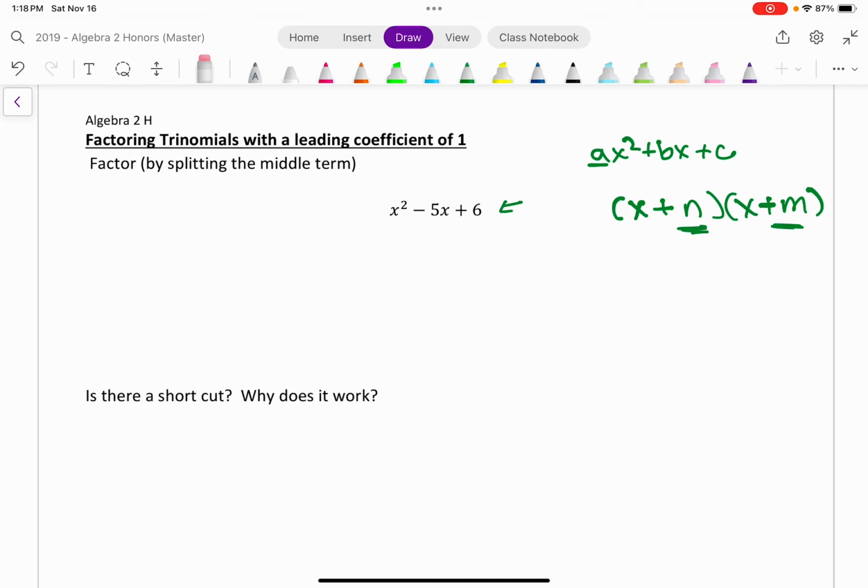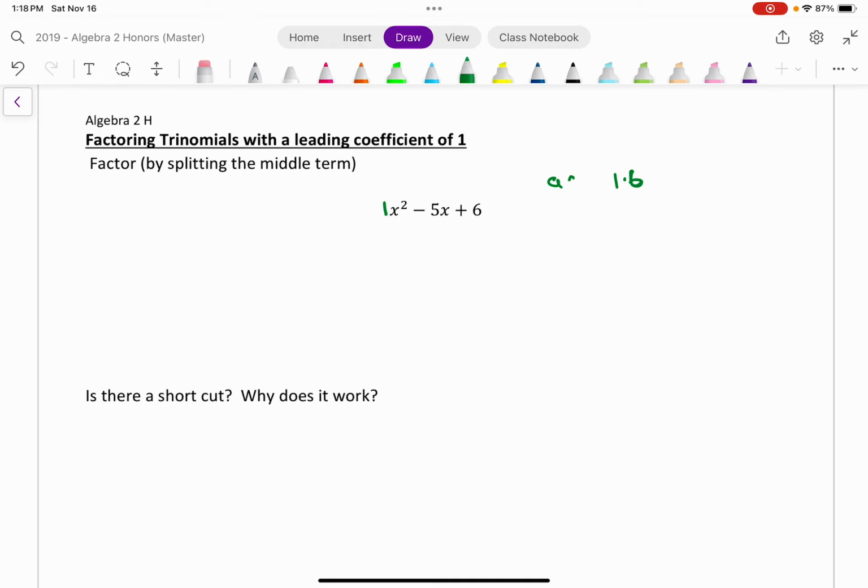So why could we do it that fast way? Some people just know to do it. They just don't understand why. So going back to the previous video, we know that if we're doing it based on the definition of factoring, if the leading coefficient is 1 here, then a times c is going to be 1 times 6. And we're trying to find factors of positive 6 that add up and give me negative 5.